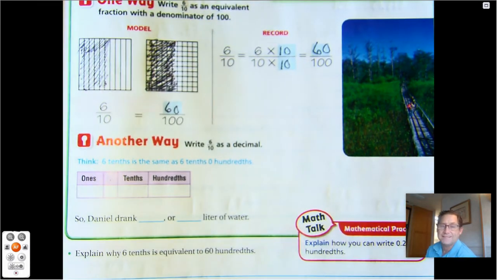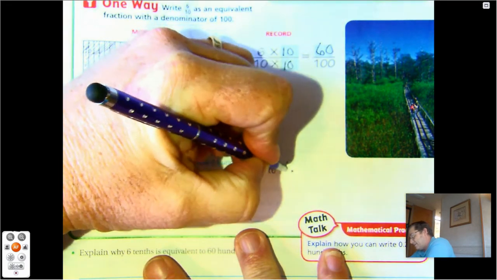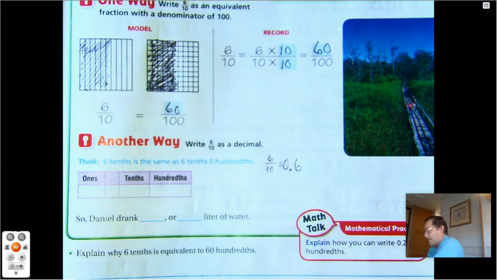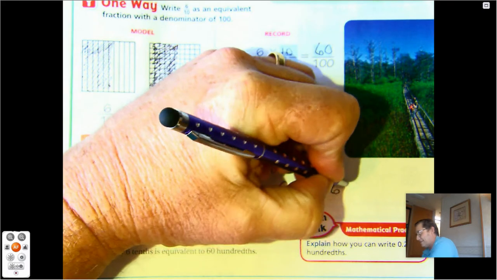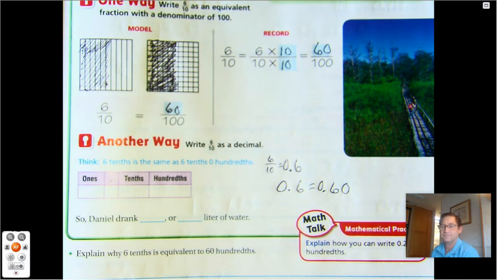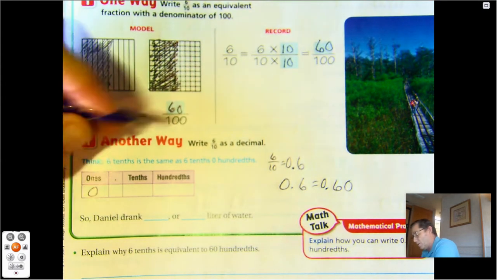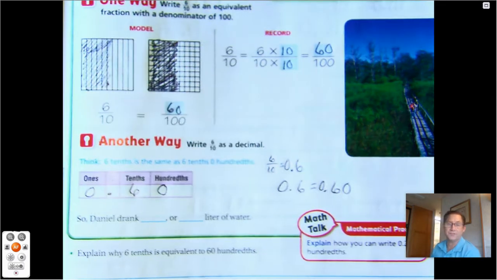Another way, we could write 6/10 as a decimal. Now, we know that 6/10 is 0.6, but 0.6 is the same as saying 0.60. So 0 ones, 6/10, and there are no hundredths, right?